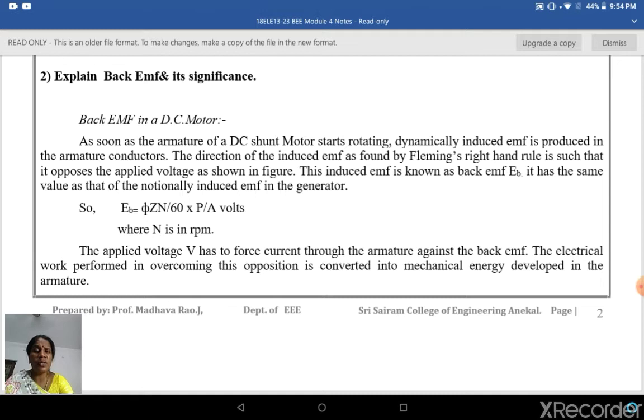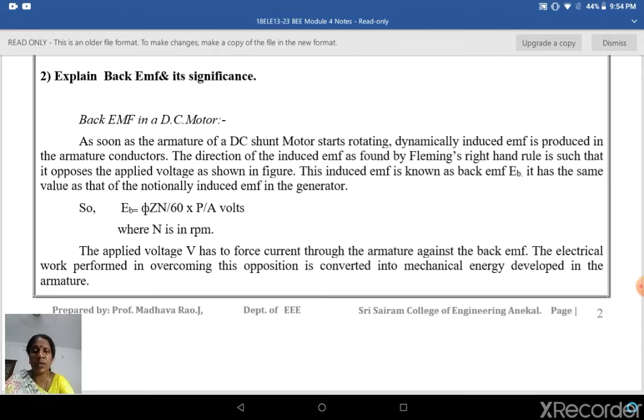The direction of induced EMF as found by Fleming's right-hand rule is such that it opposes the applied voltage. Due to the generating action, some EMF is induced in the coil because of the coil rotation, and it acts against the applied voltage, which is the input.